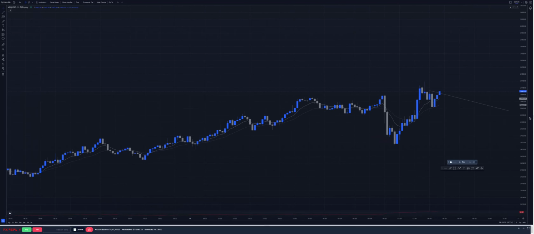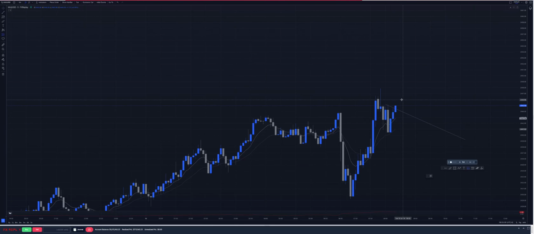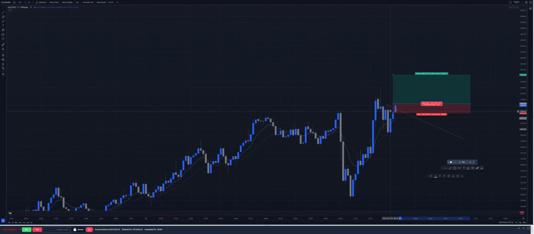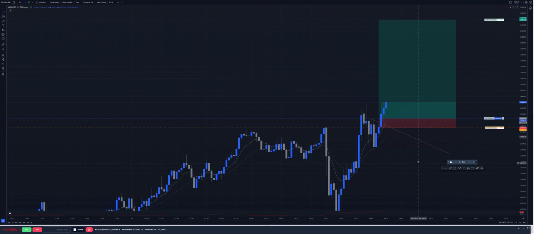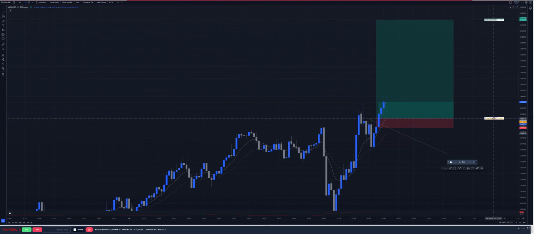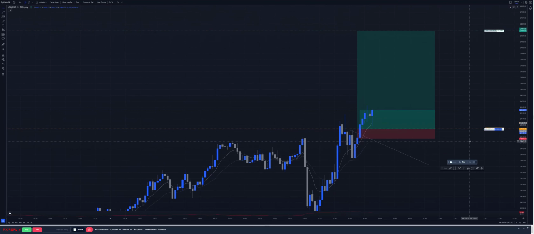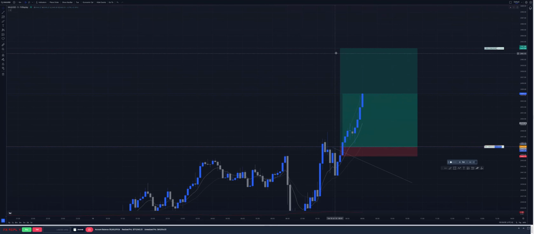And then 5-minute long over this high would look something like this. We're looking at a 1.5 stop, so good. Just about half ATR. Break even. Probably gonna take a break even. Nice little runner, nothing to manage to.